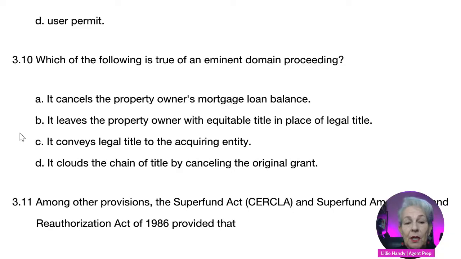B, it leaves the property owner with equitable title in place of legal title. C, it conveys legal title to the acquiring entity. Or D, it clouds the chain of title by canceling the original grant.